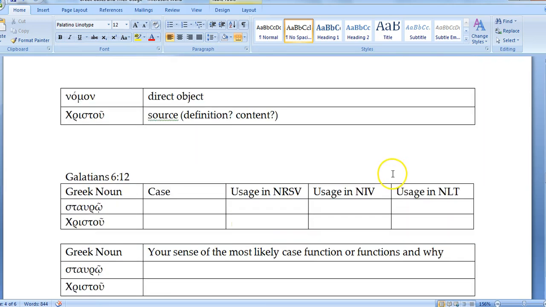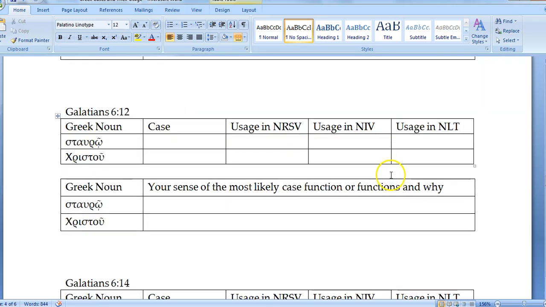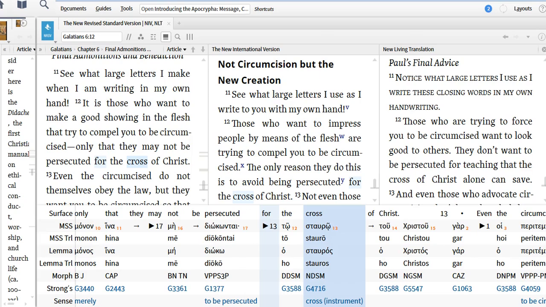We now skip ahead to Galatians 6:12, where I ask you to look at just two words, stauro and Christou. Stauro is the word for cross in the dative case, followed immediately by the word for Christ, Christou, in the genitive case.